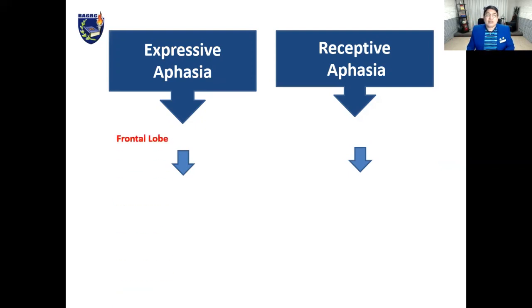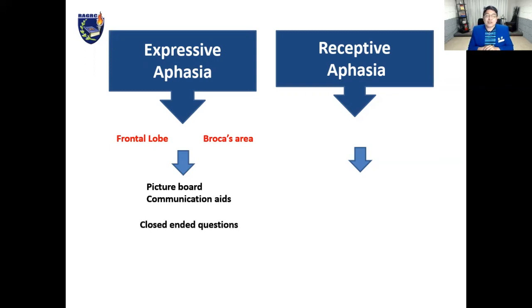Now, expressive aphasia is due to an impairment in the frontal lobe or the Broca's motor speech area. Therefore, your intervention is to assist the patient to communicate. They may not find the right words to say or communicate what they need, so you have to give them picture boards. And you can have sets of these communication aids downloaded on the iPad, and they just show it to you if they need a glass of water, they show it to you if they need a cup of coffee.